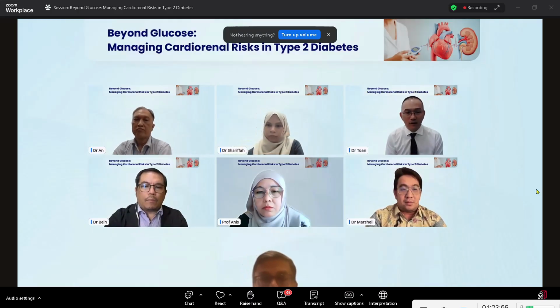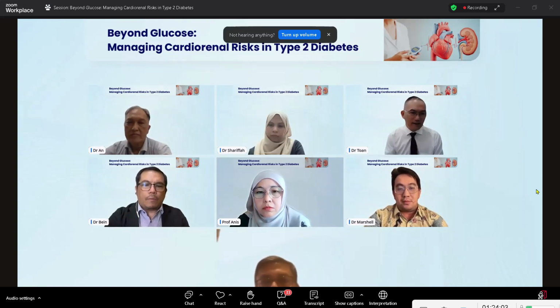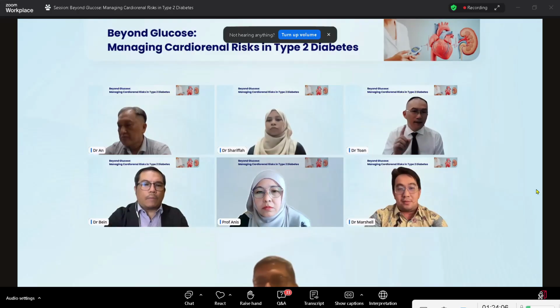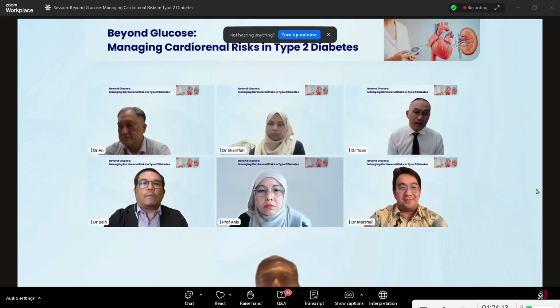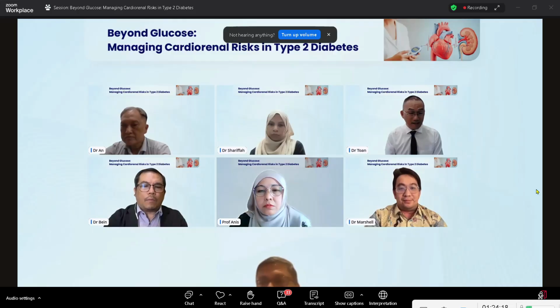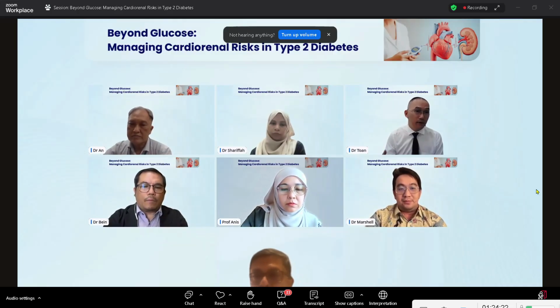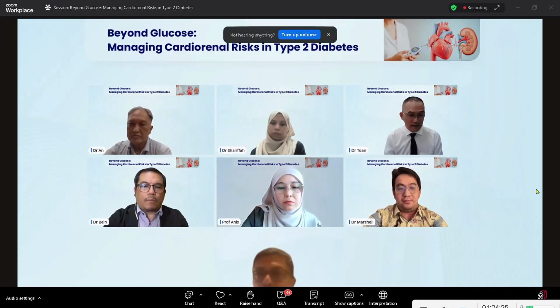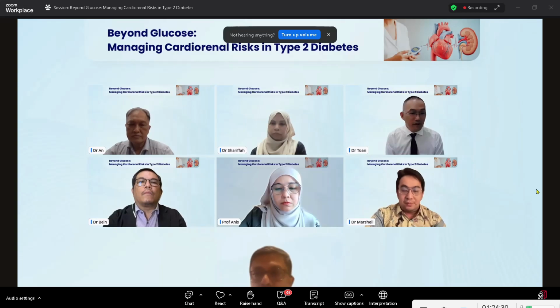We do the estimated glomerular filtration rate at least one time, depending on whether they are newly diagnosed or have had diabetes a long time. The second is urine albumin. We do the urine albumin-to-creatinine ratio together with eGFR once a year.